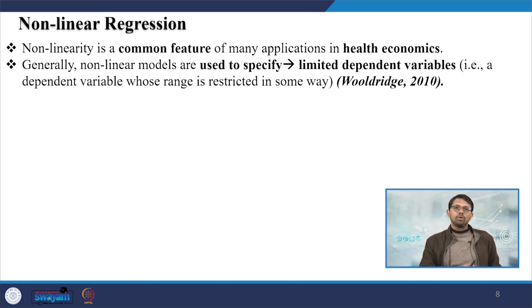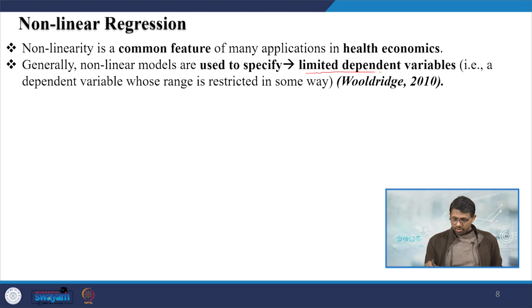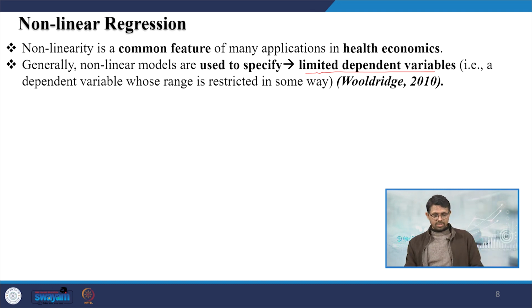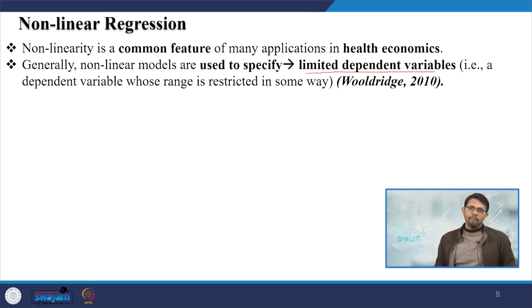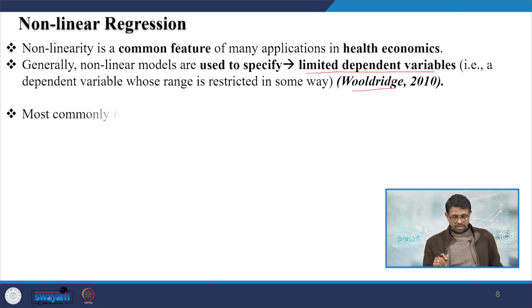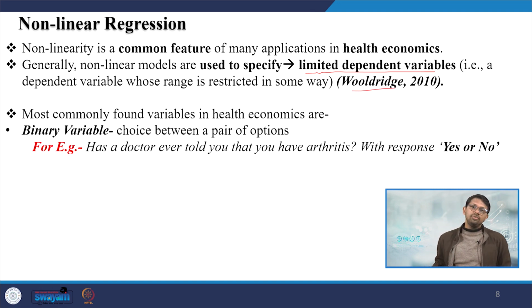Generally, nonlinear models are used to specify limited dependent variables. So, first aspect, take a note, we have highlighted in bold letters, limited dependent variable, that is a dependent variable whose range is restricted in some way. As the author has mentioned clearly, the most commonly found variables in health economics are usually binary in nature, basically having a choice between a pair of options.